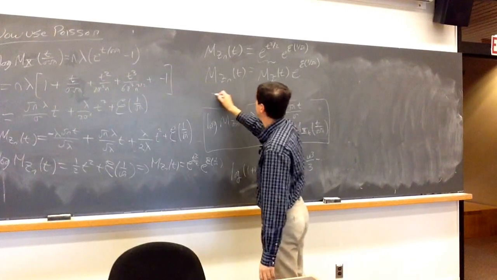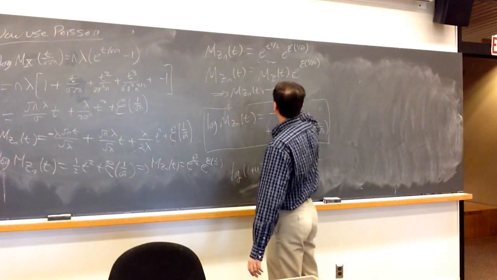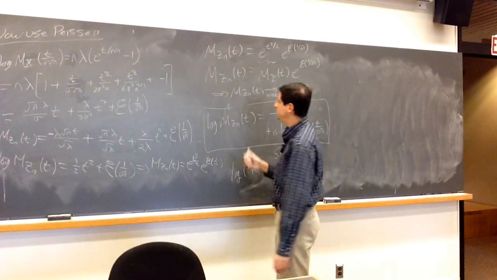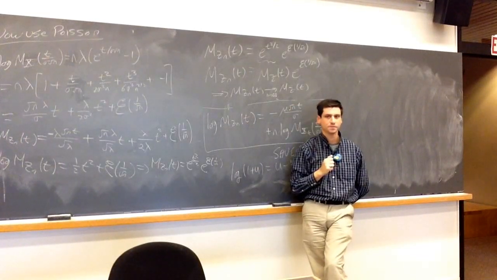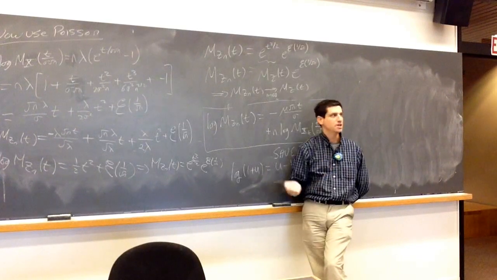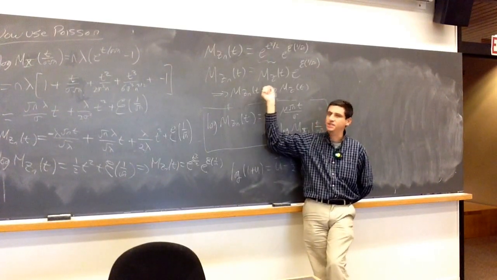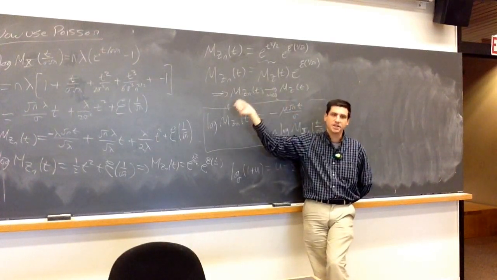So we get that mzn of t converges to mz of t as n goes to infinity. And we even have some control over the rate of convergence. So all we now need is just a general result that says if the moment generating functions converge, the densities converge.